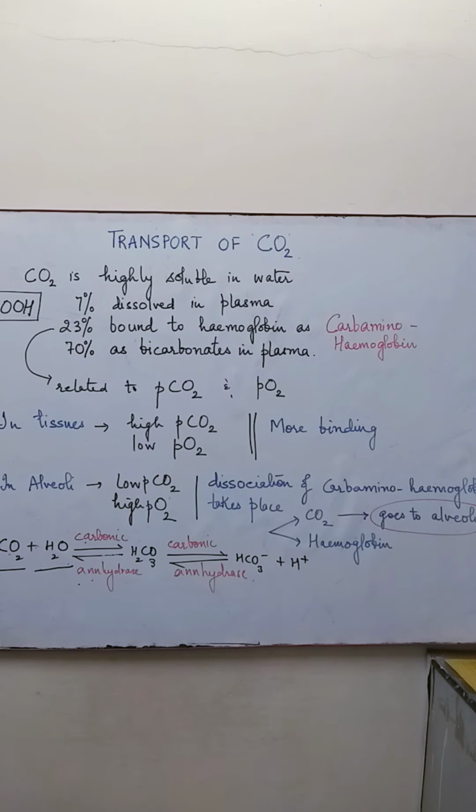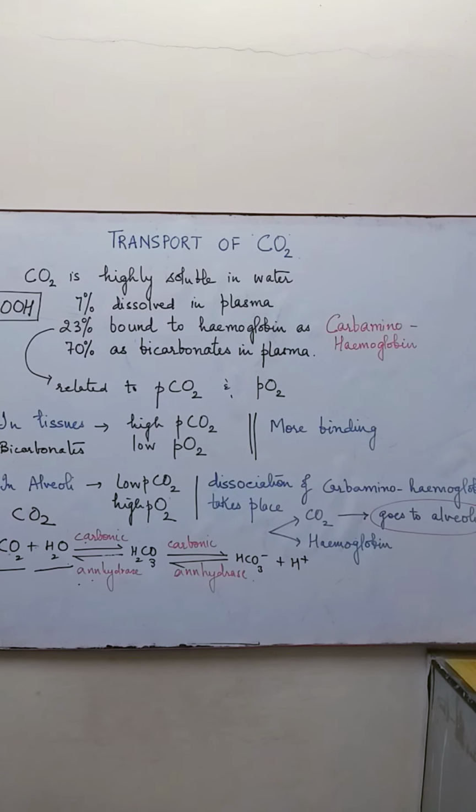The carbon dioxide is trapped as bicarbonate, that is, in the tissues it is present in the form of bicarbonates, and in the alveoli carbon dioxide is present as carbon dioxide and is expelled out of the body through expiration.